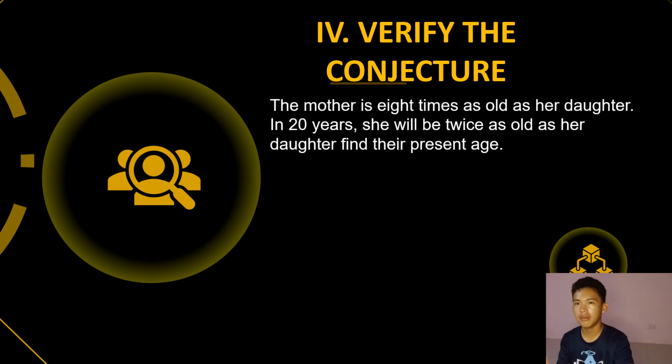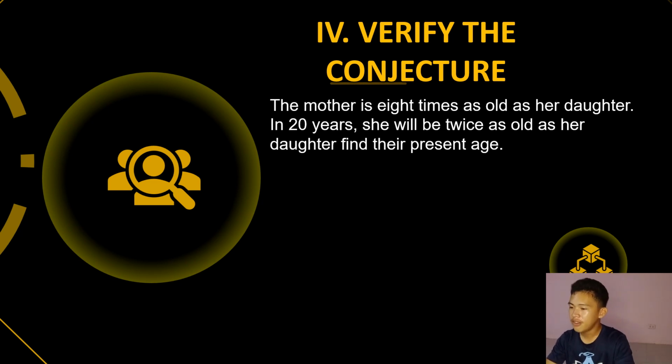So the problem here is the mother is 8 times as old as her daughter. In 20 years, she will be twice as old as her daughter. Find their present age. So the same procedure, the same solution that we are going to use.